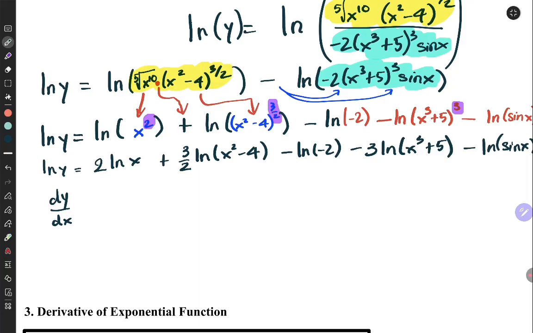Okay, let's count this. y squared. 2y. Yes, 2y. You apply 2y to this, right? y, and you have 1, right? In other words, you have this.